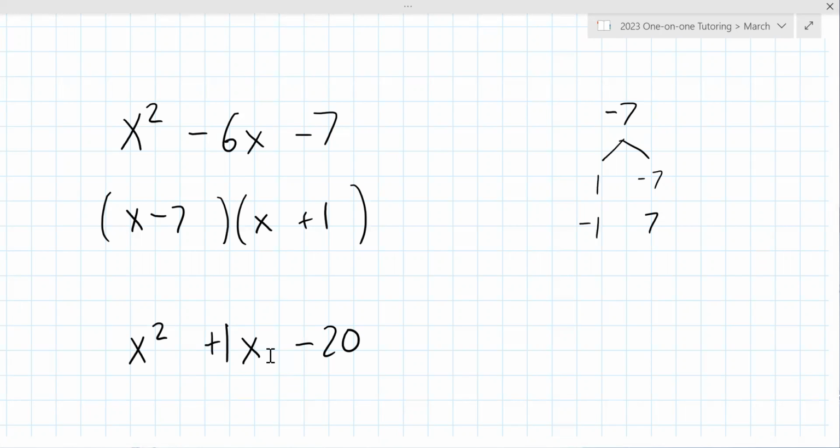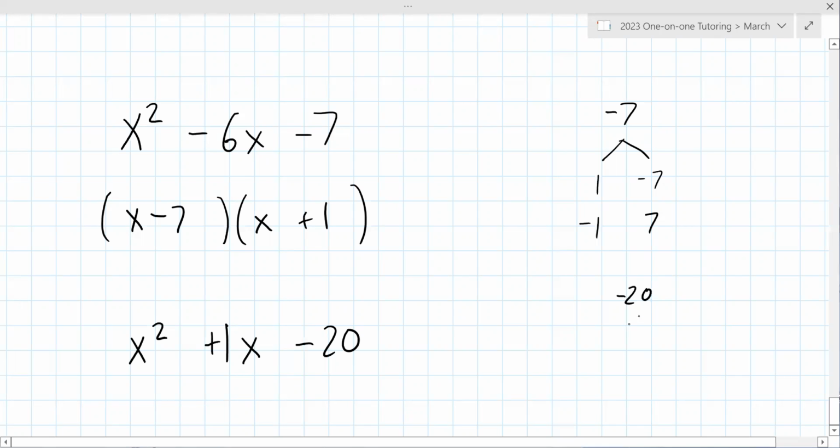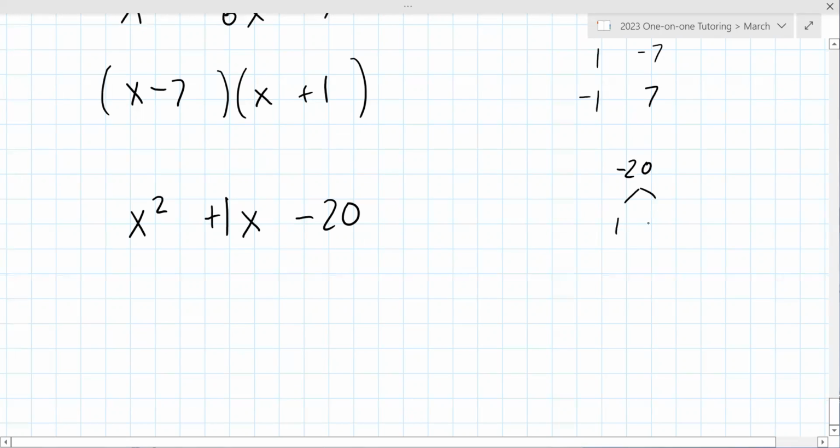Oops, had the wrong number. So it's 10. And then, oh, I think I see what it is now, because I messed up one of the numbers before.